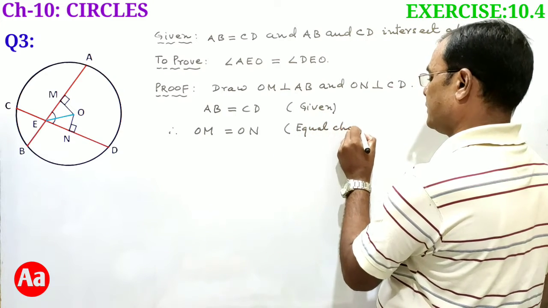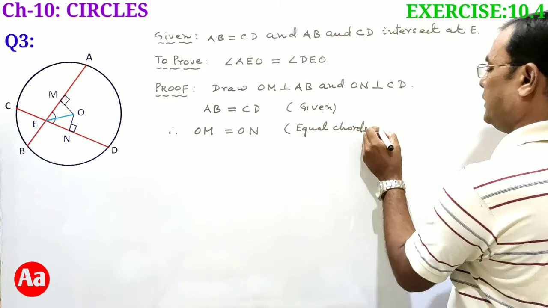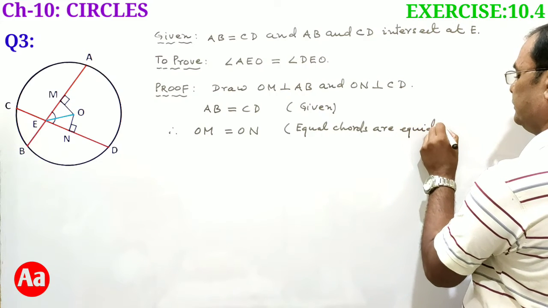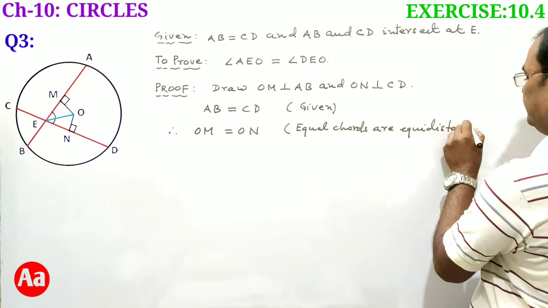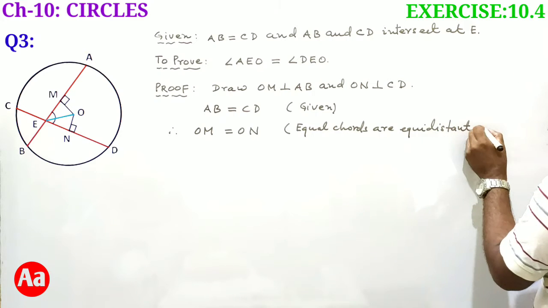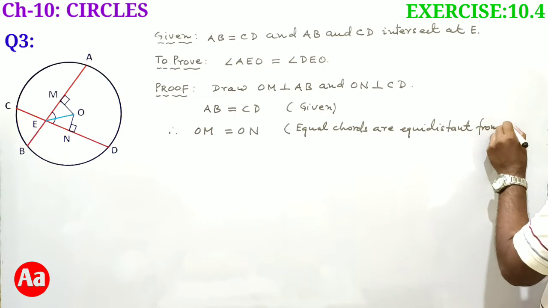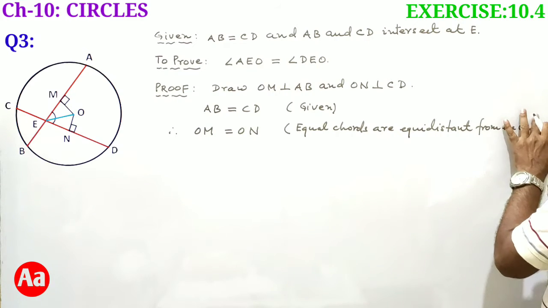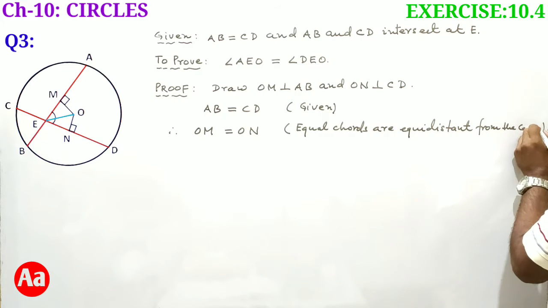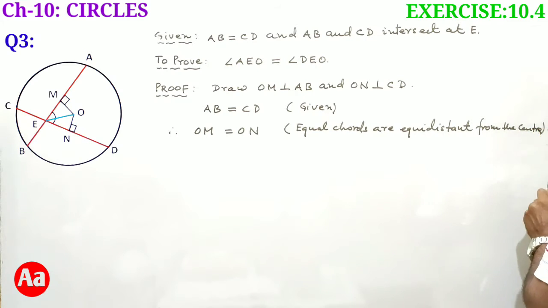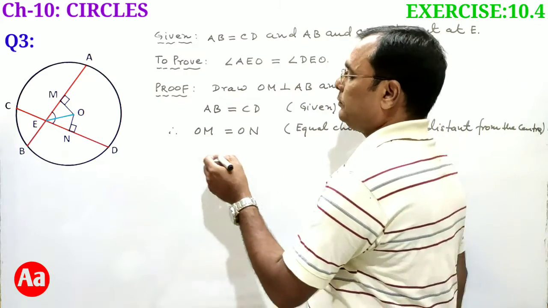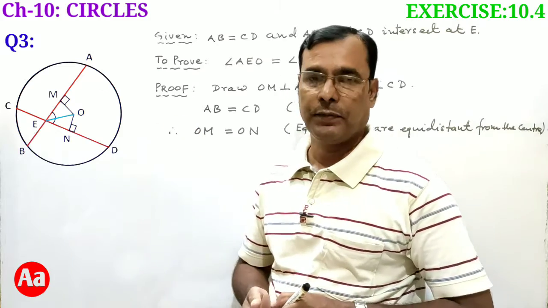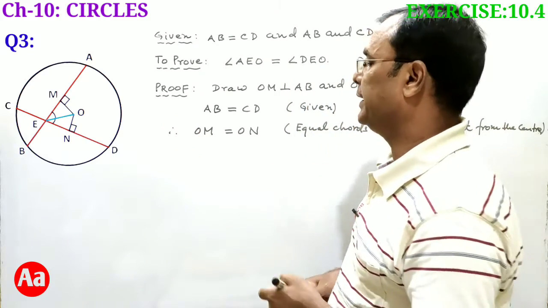Equal chords are equidistant from the center. Now in triangle OME and ONE, we are going to prove them congruent.